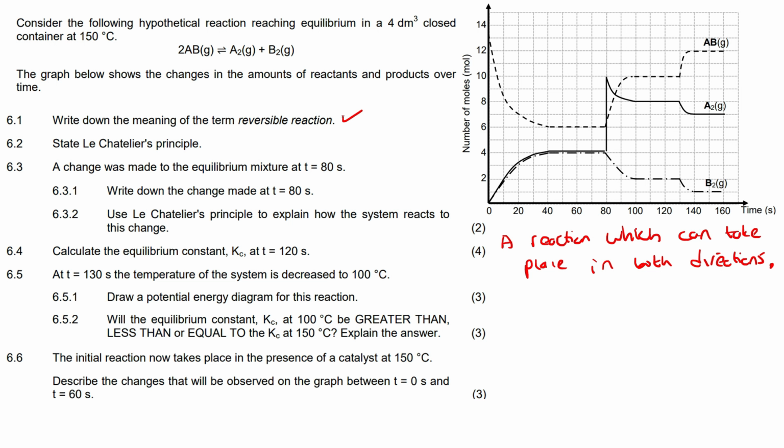Okay, so this one says state Le Chatelier's principle. So let's quickly talk about Le Chatelier's principle. Le Chatelier's principle is the one that says if you have a system that is already at equilibrium and suddenly you change something such as concentration, pressure, temperature, then the system will react in such a way that it can oppose the change.